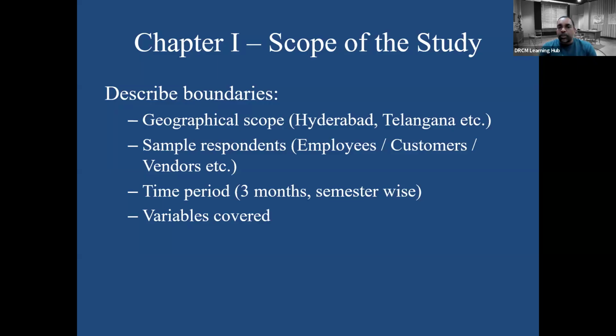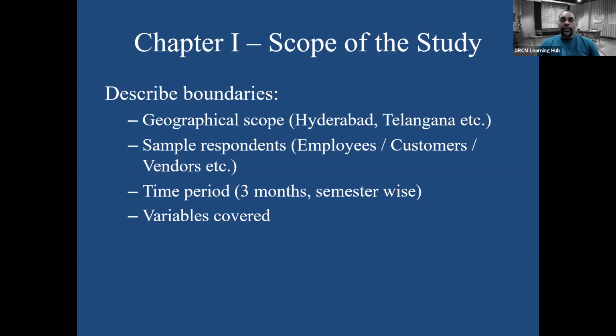Next is sample respondent. If you are taking only employees, then you have to mention that; that is your scope. Other than employees, you are not taking. In employees also, if you are taking the officer category, that is also your scope. If you are taking customers, then you have to write customers. If you are taking only vendors, then write that. So here you are mentioning the sample respondent.